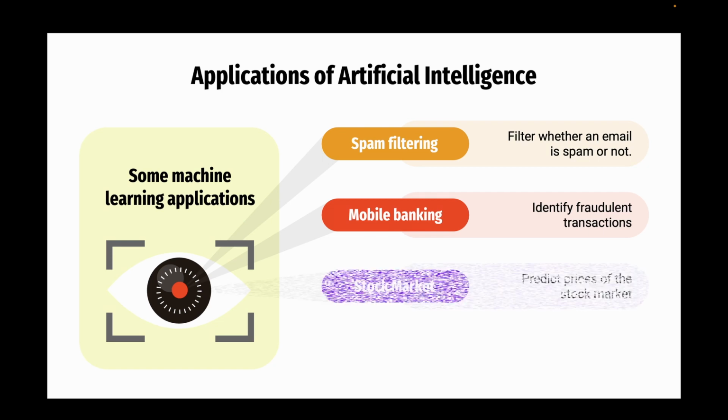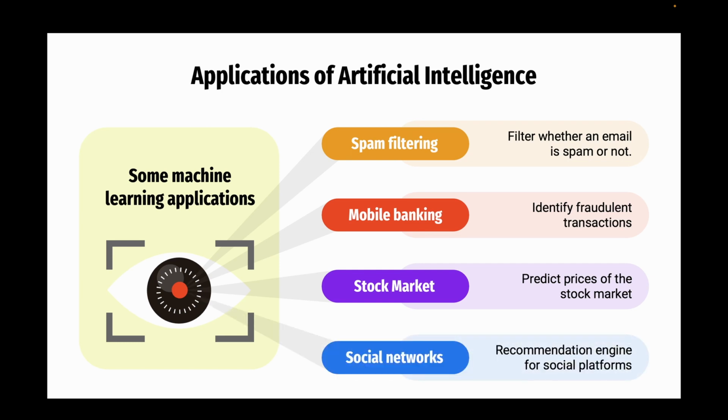Another example is the stock market. So like we discussed previously, we can give a model the past 20 years of data of a stock market, and we can ask it to predict the value of tomorrow's prices. And this is an example of the prediction problem.